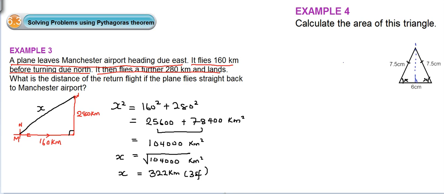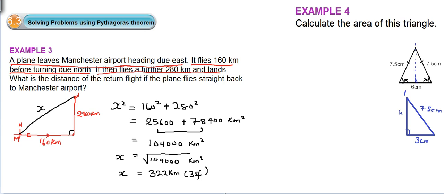If we pull out half of the triangle, we would have something that looks like this. So this is still 7.5 centimeters. Now we need to find the height, which is that perpendicular line that we drew. Because we've split this into two, the bottom also splits into two, so this here would be 3 centimeters.